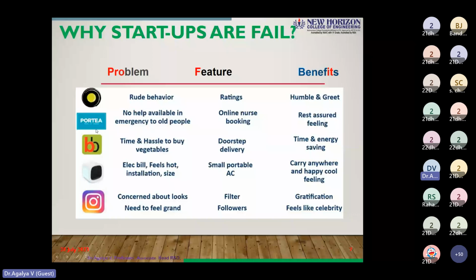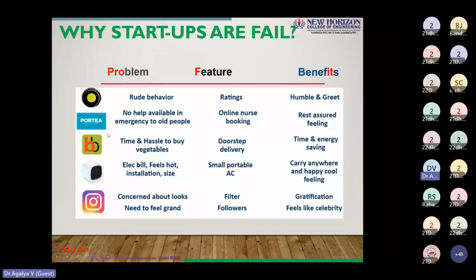The nurse comes over and takes care of the old age parents, and they provide healthy foods, and the menu is given to them. So this is also a kind of application connecting the nurse and the old age people directly with the sons and daughters. They can see with the digital platform how the fathers and mothers are doing and whether they are healthy. So they created this kind of app.